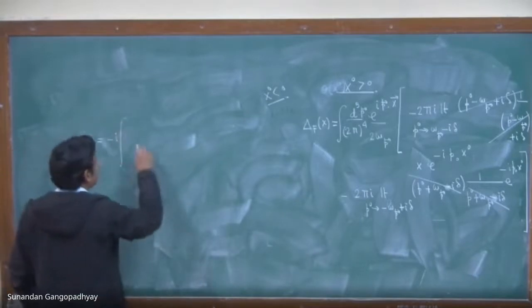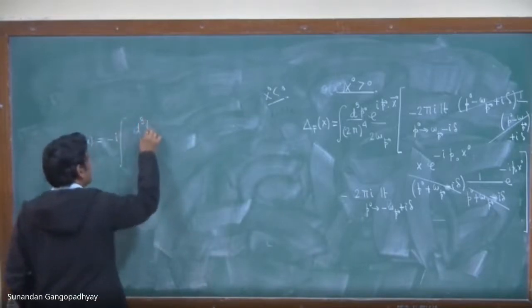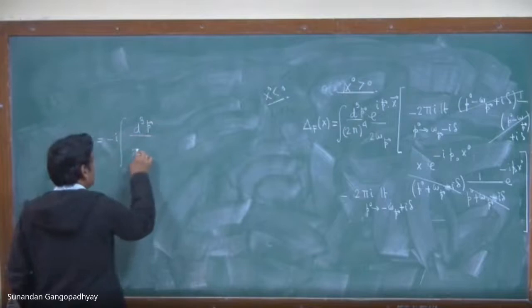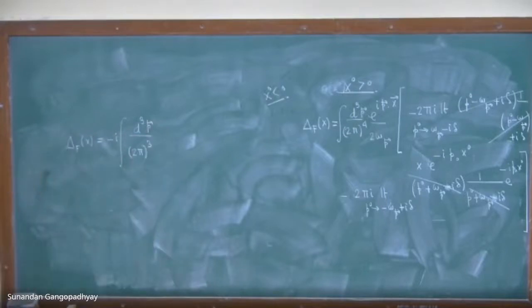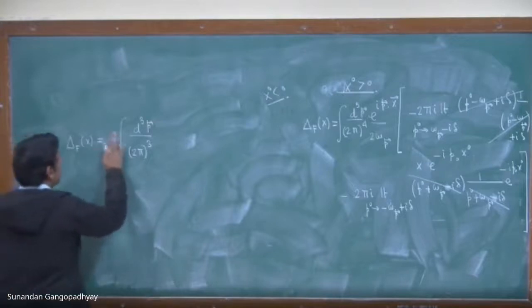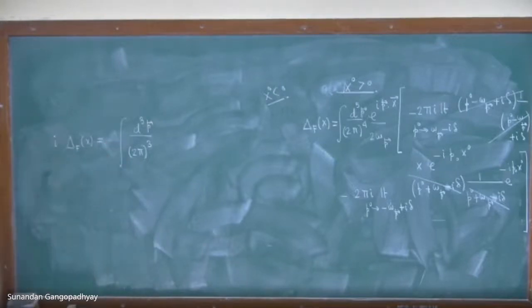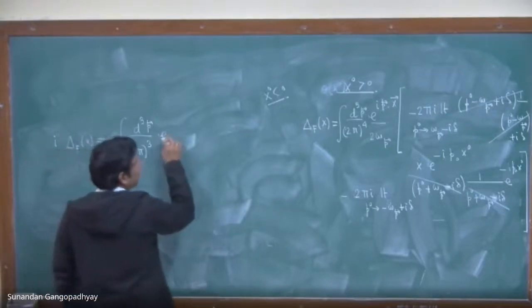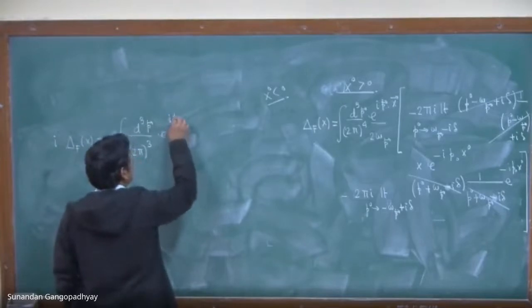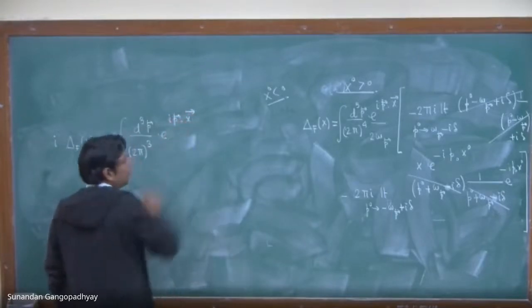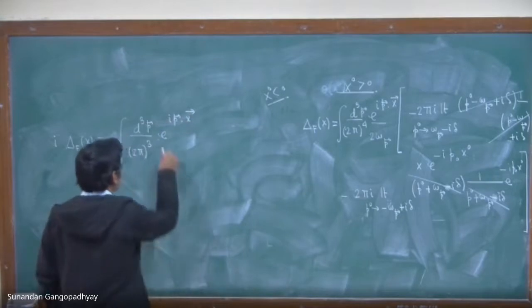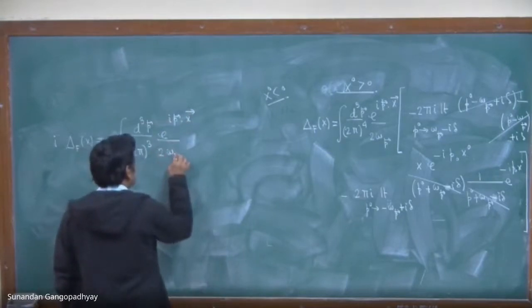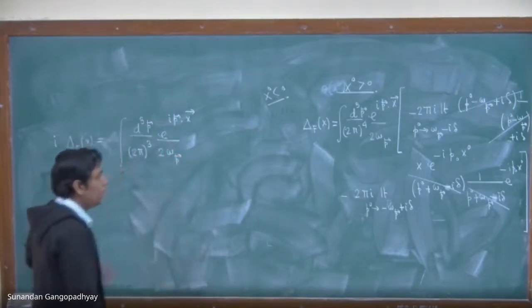Therefore we shall have d cubed p by (2 pi) cubed. We can take this minus sign to the other side and write a plus i on this side, so i is taken care of. We have e to the power of i p dot x by 2 omega p.